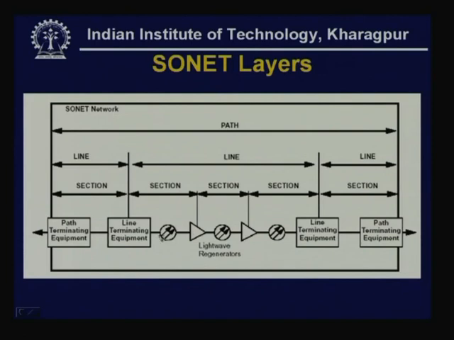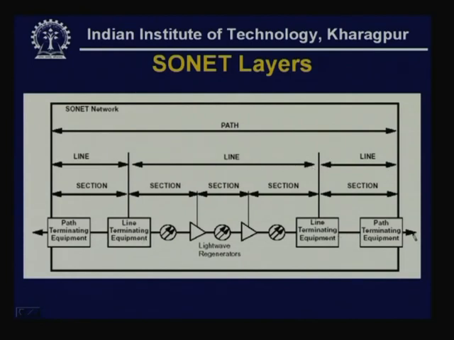On the other hand, between two line terminating equipment, or between path terminating equipment and line terminating equipment, path terminating equipment is essentially the STS multiplexer, line terminating equipment is essentially the add drop multiplexer. Between each of them forms a line.